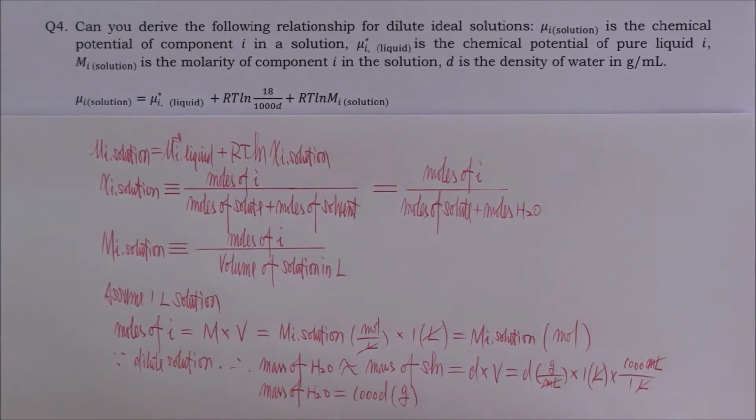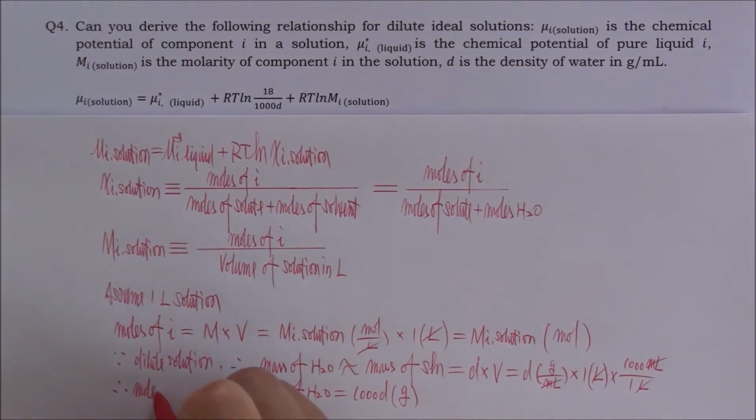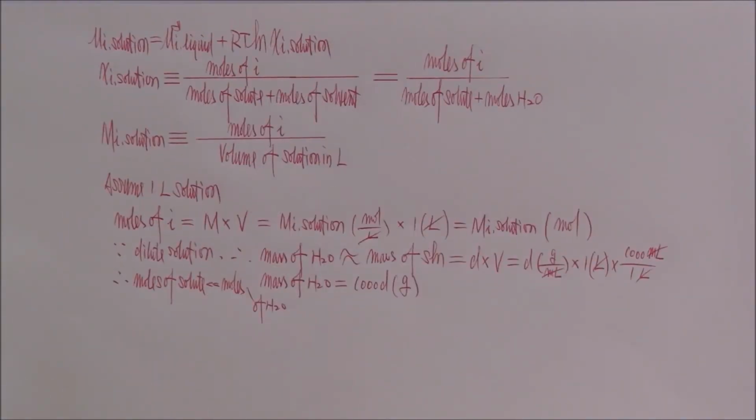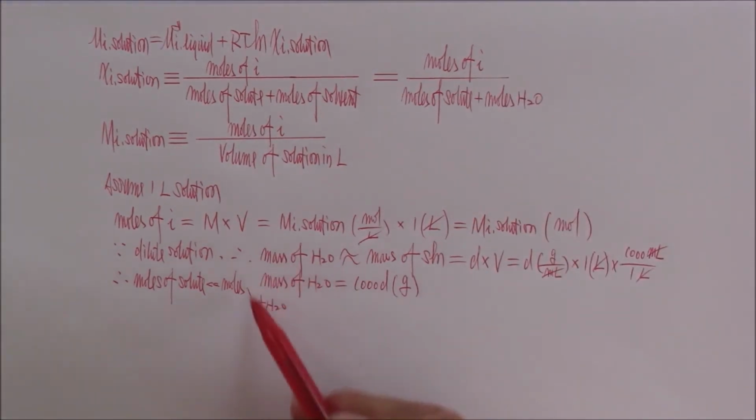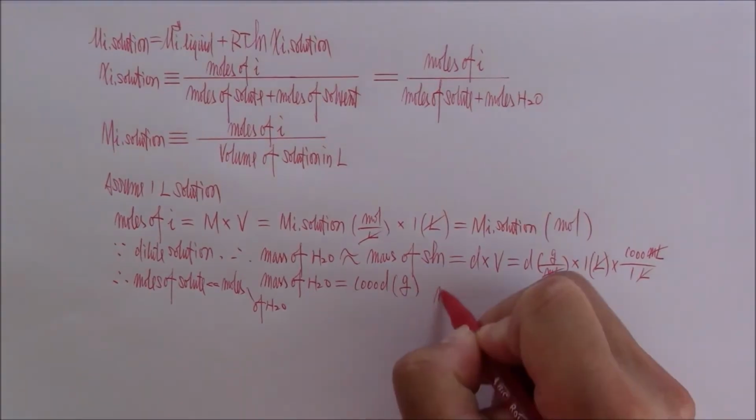As I said a moment ago, we can assume that the moles of solute is much less than the moles of water. I'm running out of space. Let's calculate the moles of water from the mass of water by using the molecular weight of water.